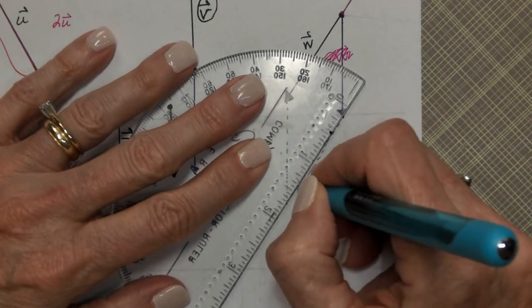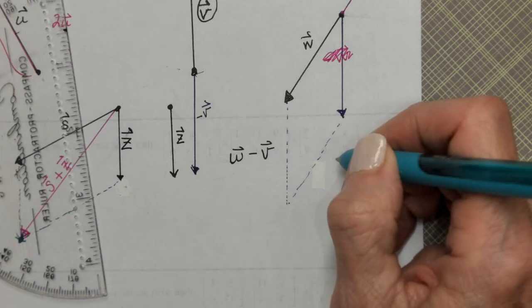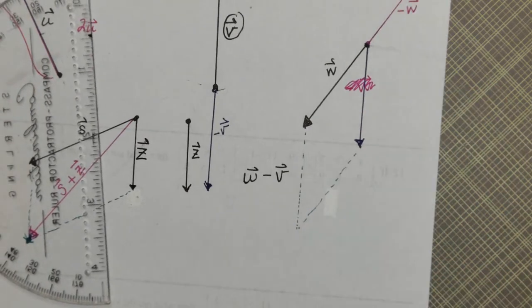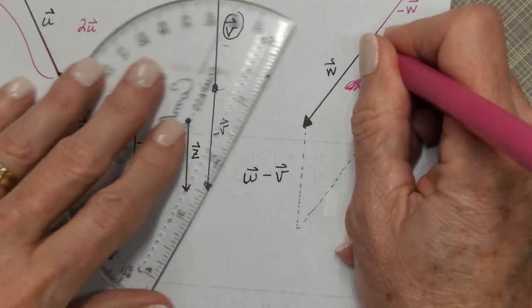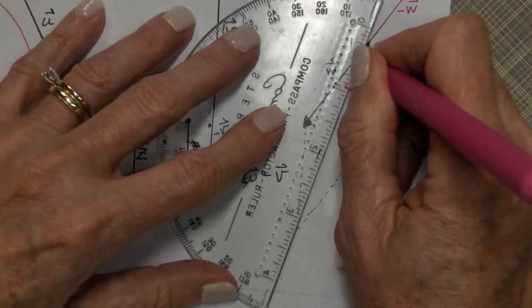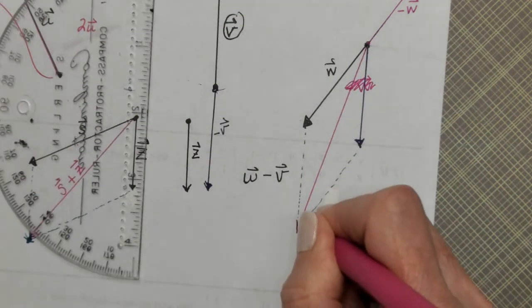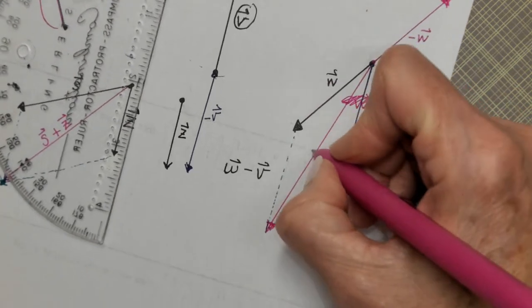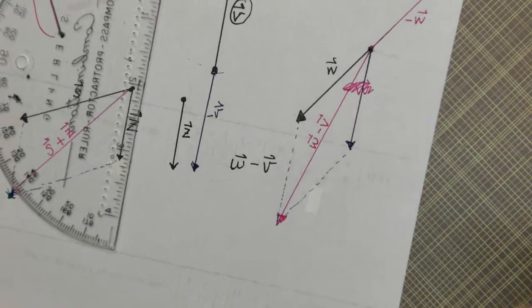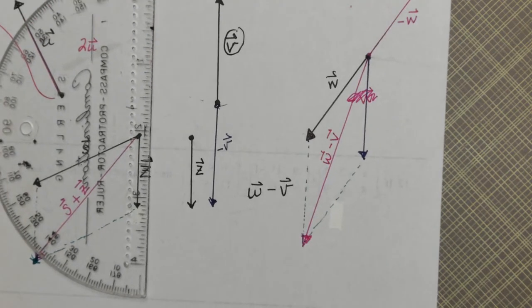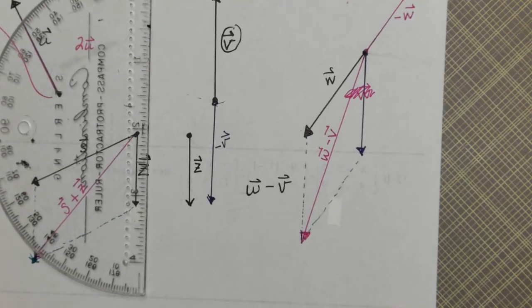You don't have to get a straight edge to do this; I want you to have an idea of what these sums look like. And then the sum vector would be right here. So this would be w minus v.